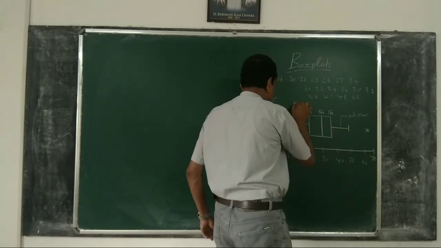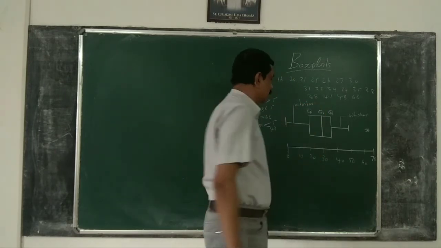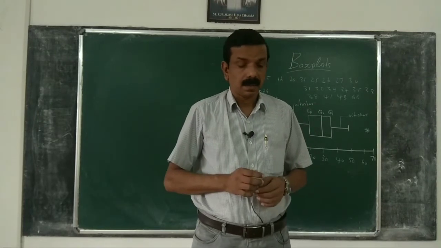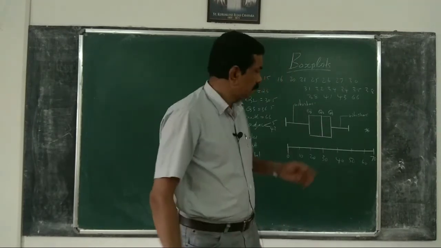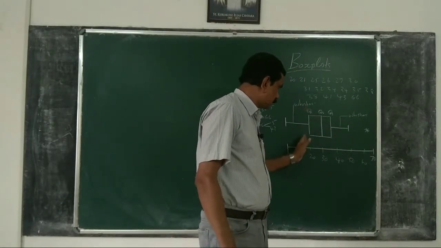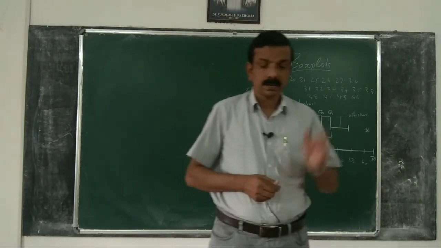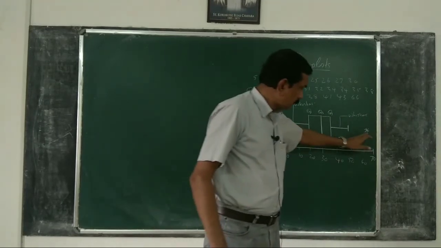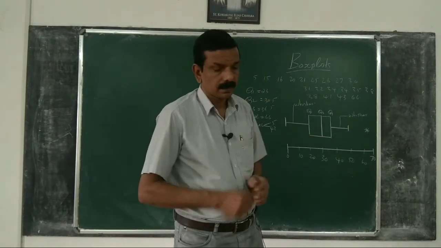This is also a whisker. The boxes can also be drawn vertically; this is drawn horizontally, but vertical is also possible, depending on the software you are using. And the outliers can be represented by other symbols also.